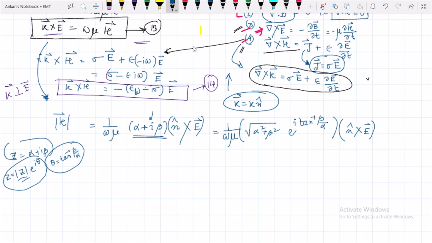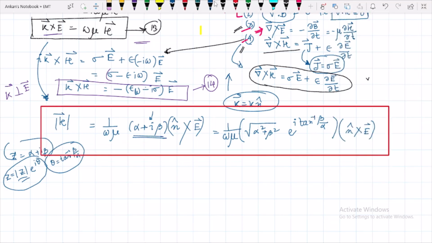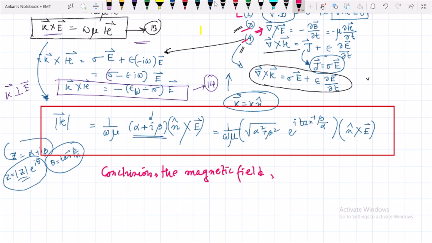What does it imply? It implies a beautiful conclusion. Conclusion: the magnetic field and the electric field are no longer in phase.